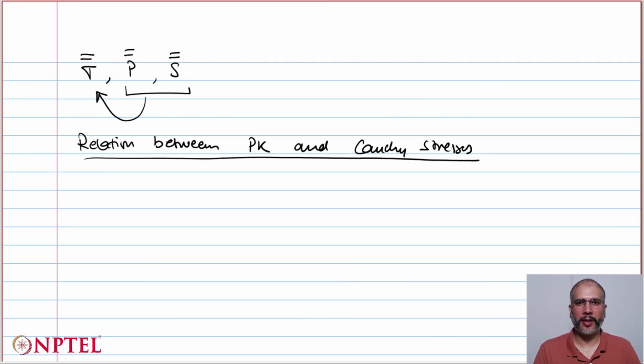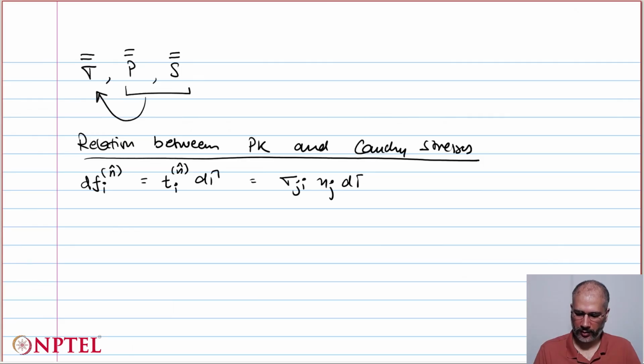So all these are related through the infinitesimal force in the current configuration. So df_i along n hat in the Eulerian description is written as the Cauchy traction vector times dΓ, which becomes σ_ji n_j dΓ.